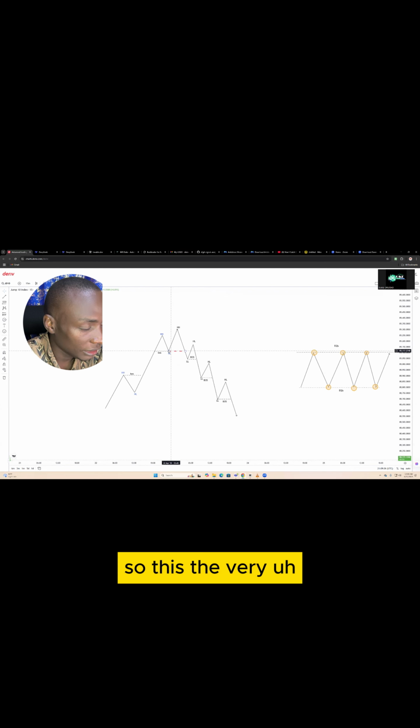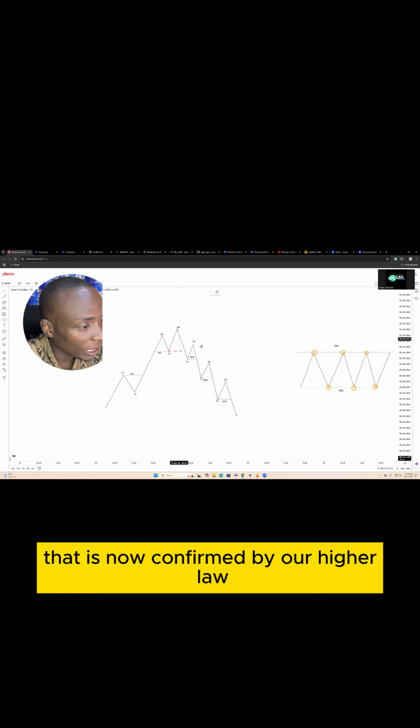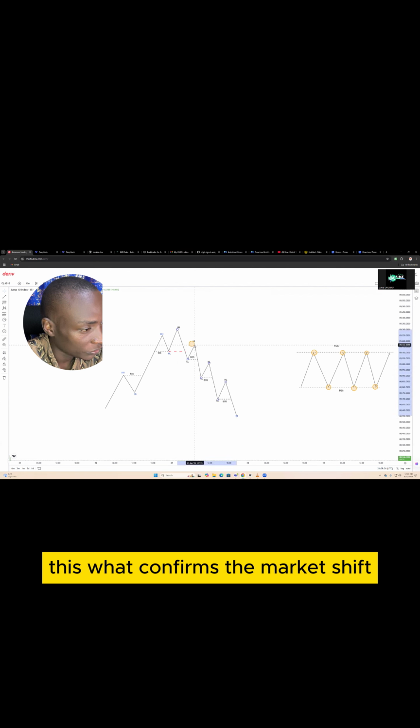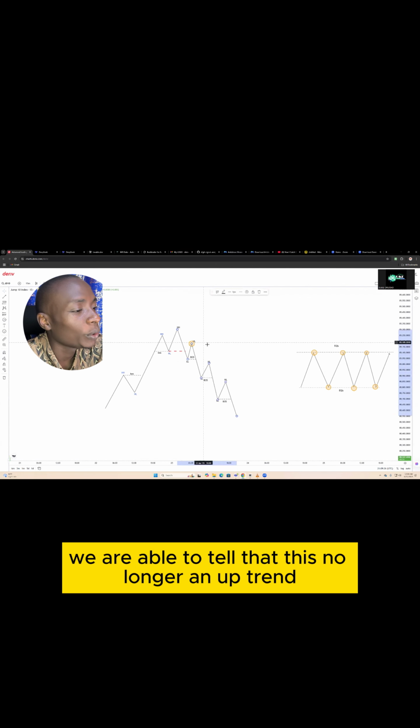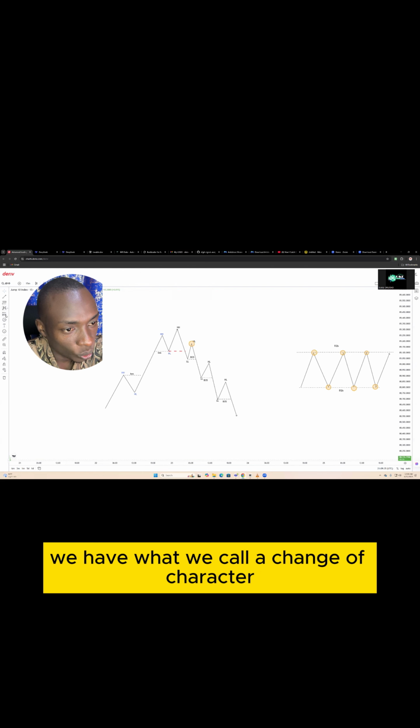So this is the very area that tells us that we have a market shift. This is what confirms a market shift, and we are able to tell that this is no longer an uptrend but a downtrend. So at this very point, we have what we call a change of character.